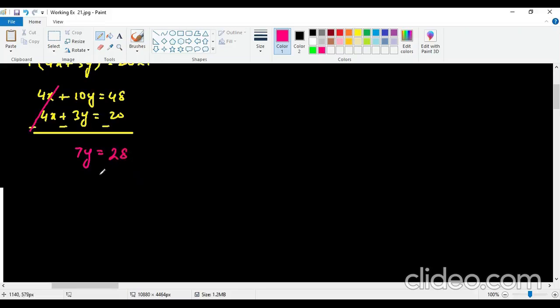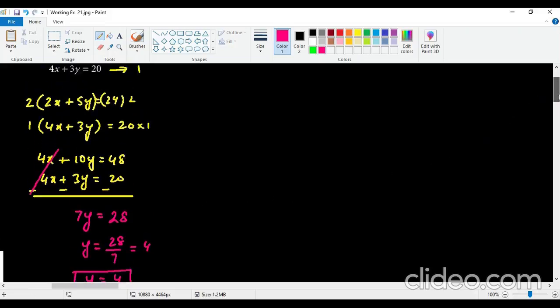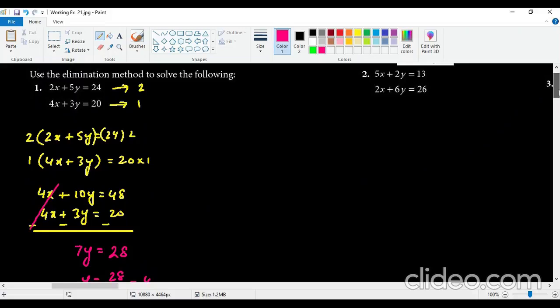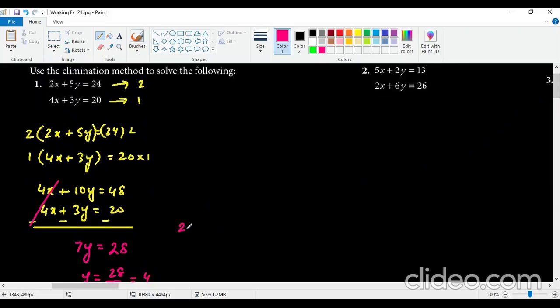Now y is equal to 28 divided by 7. That is going to give us 4. So the value of y is 4, and now we will find out the value of x. As you know, I can use any equation I feel like. So I will use 2x plus 5y equals 24.